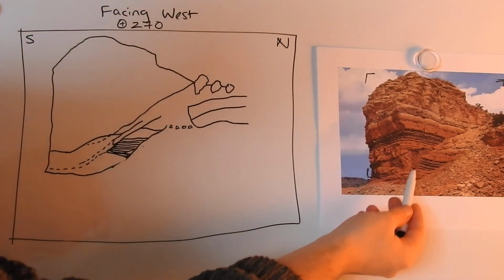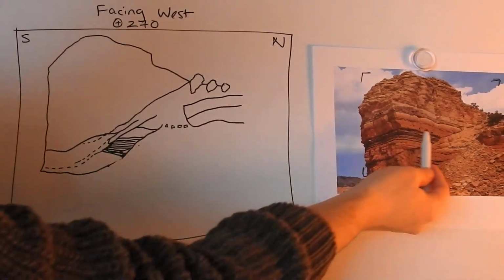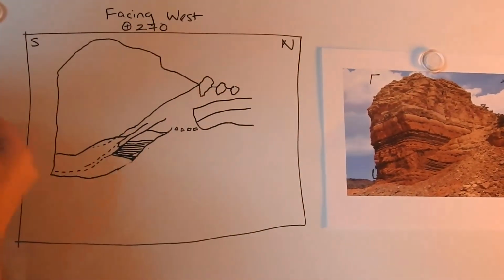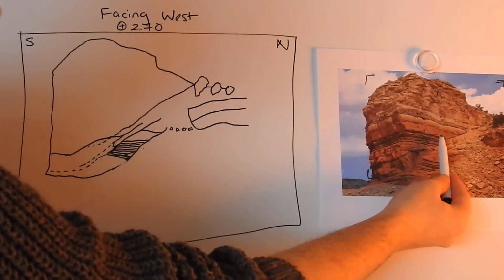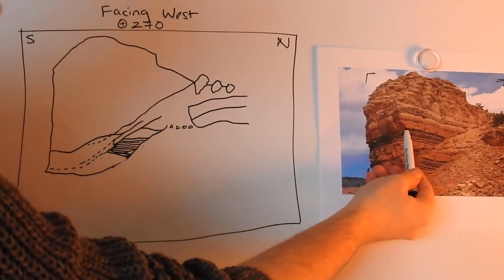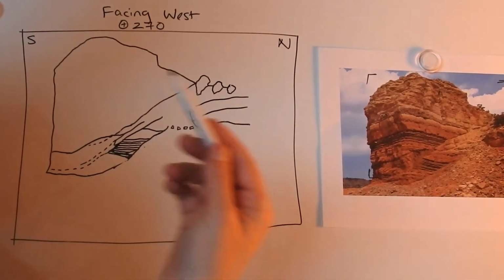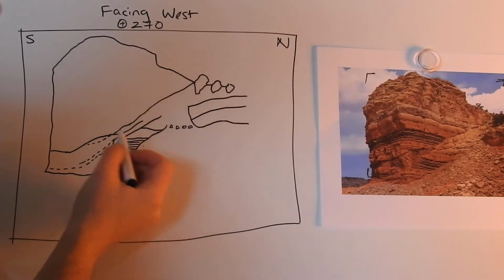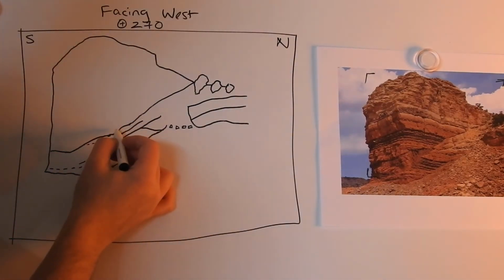Now I'm going to go up to the next spot I see it for sure, which is up here in this outcrop. And I'm going to draw it the same way. Now notice that this looks like it comes up a little bit and then down a little bit. In the picture, that means it's coming out toward us, but in real life we would see that. But we need to convey that in a sketch. So we're going to come out toward us a little bit, or up.